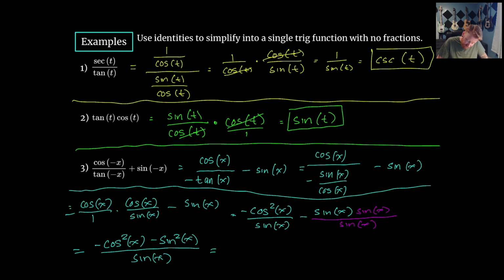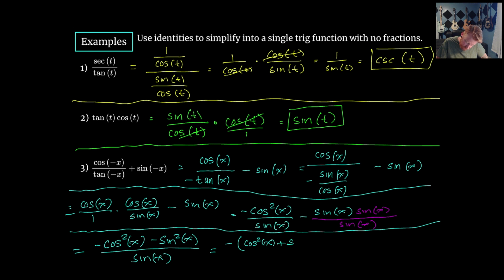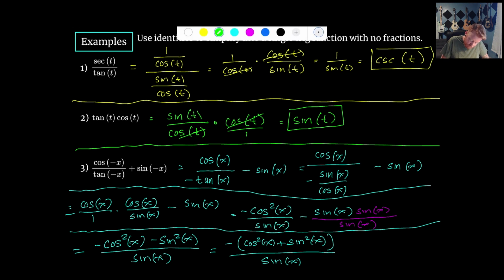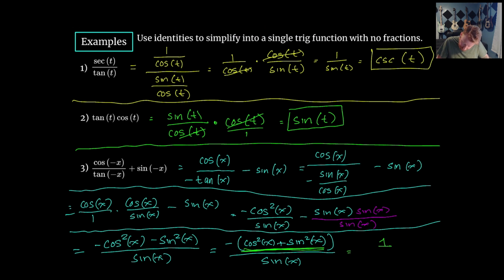Now in the numerator, I can factor out a negative, and I'll have negative cosine squared x plus sine squared x all over sine x. Now we'll use one of our Pythagorean identities that says that if you have cosine squared of whatever plus sine squared of whatever, then that just gives us 1. So going in and putting the rest of what we have here, there's still a negative.